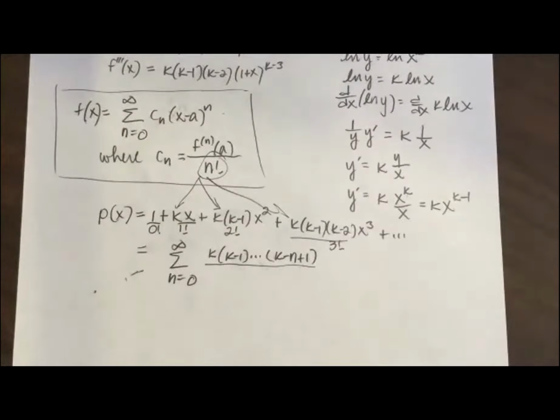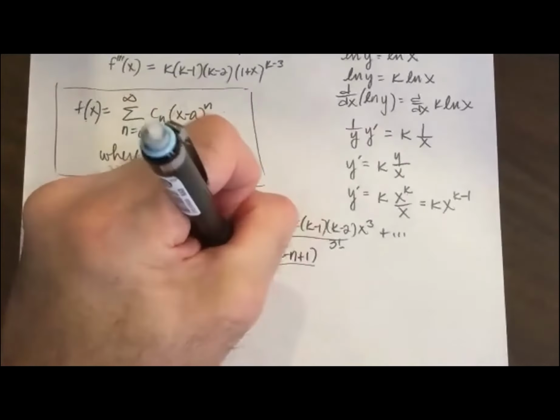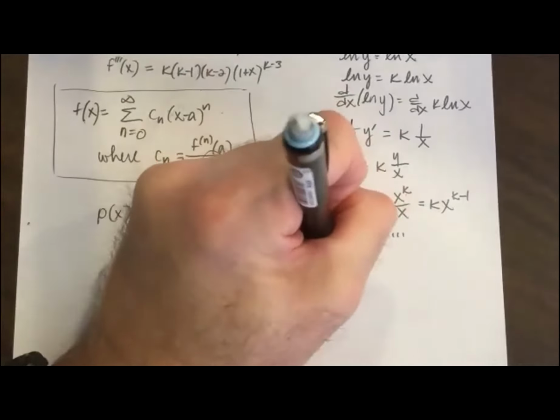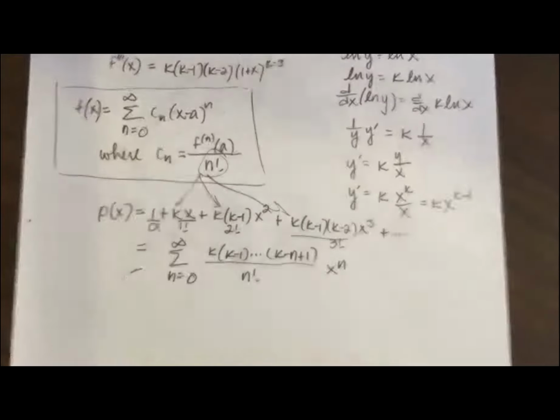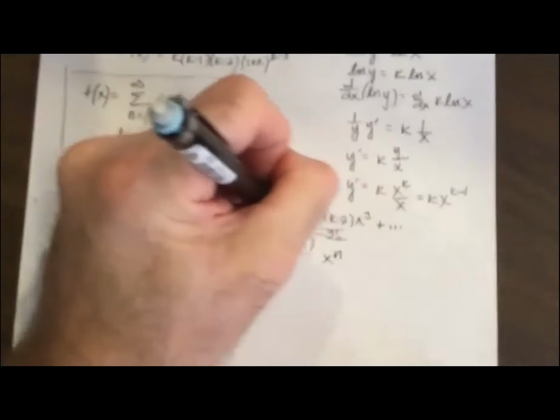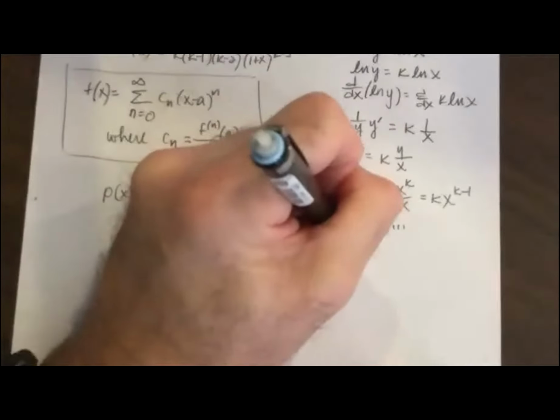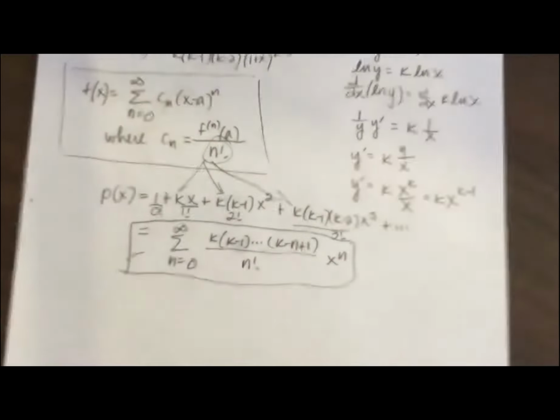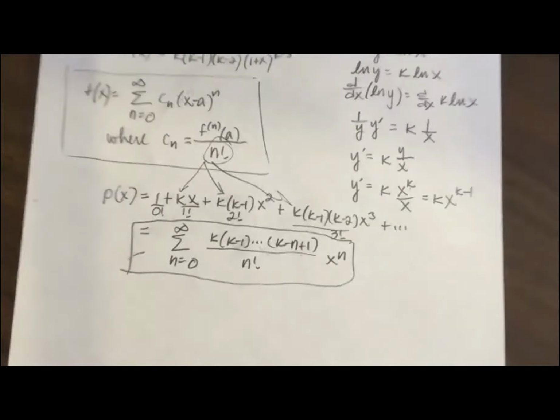There's my factorials. Forgot to put them under there. So then we've got n factorial, x to the nth power.